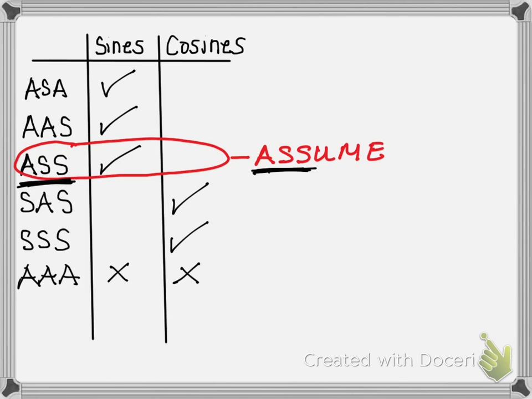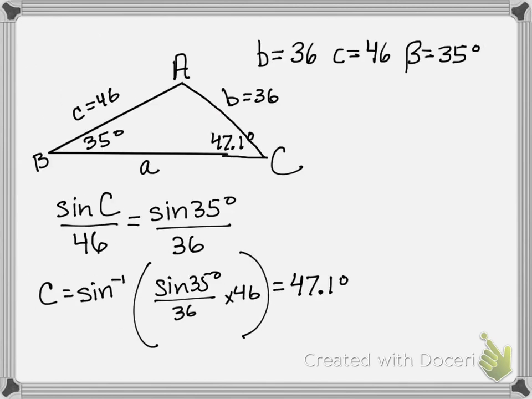Do not assume. In an ASS case, there may be two possible triangles. It will only be possible, not guaranteed, if the given angle is acute. Going back here, this given angle is an acute angle, and that's the only angle I'm given.